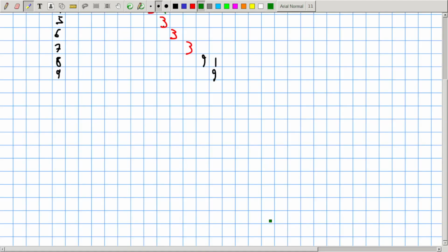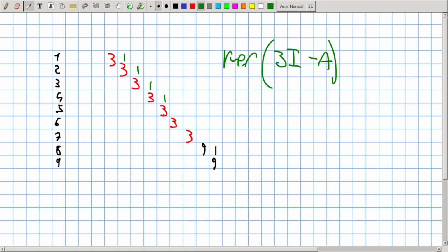Let's go back here then. Tell me a generalized eigenvector of order 4 associated to 3. Go, discuss. Generalized eigenvector of order 4 associated to 3.